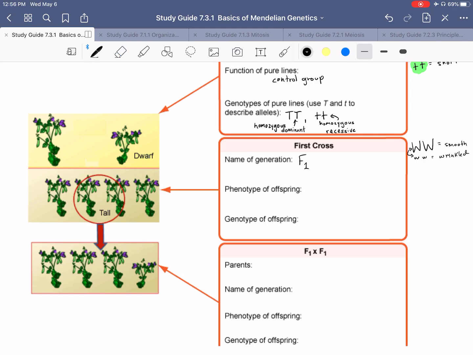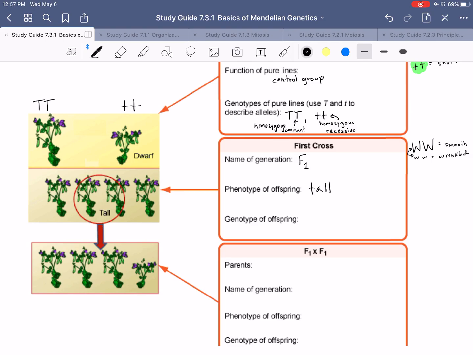So we had a cross between a tall and a short, big T and little t. When they were crossed, the phenotype was all tall. And the genotype, well, let's think about this.